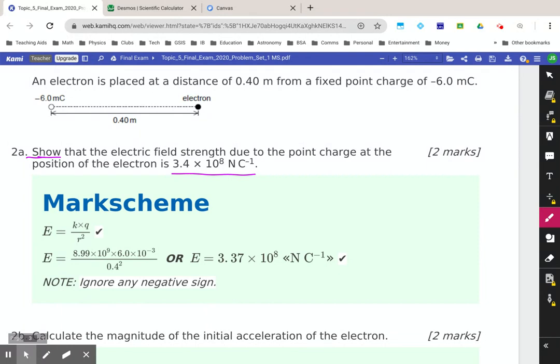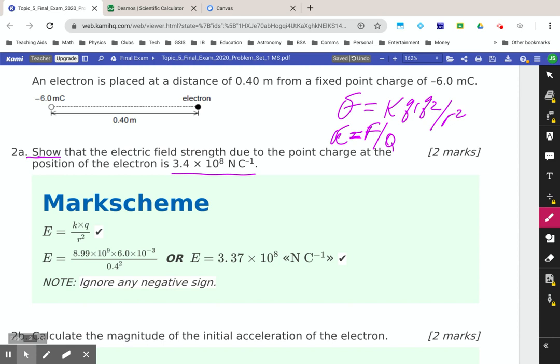So if it's going to be newtons per coulomb, I start with that equation, F = k Q1 Q2 over r squared. If that is the force, then the electric field is equal to the force per unit charge. What gets divided out here is the test charge.